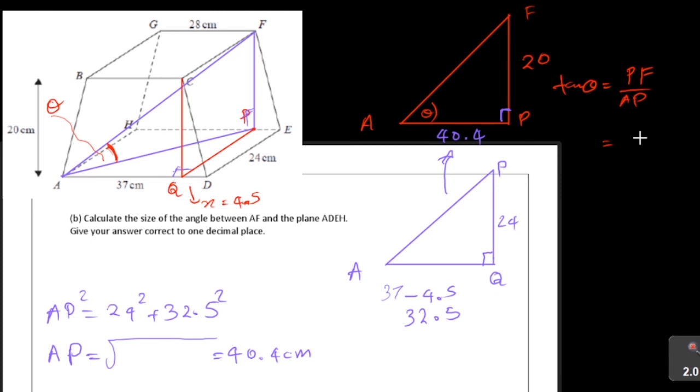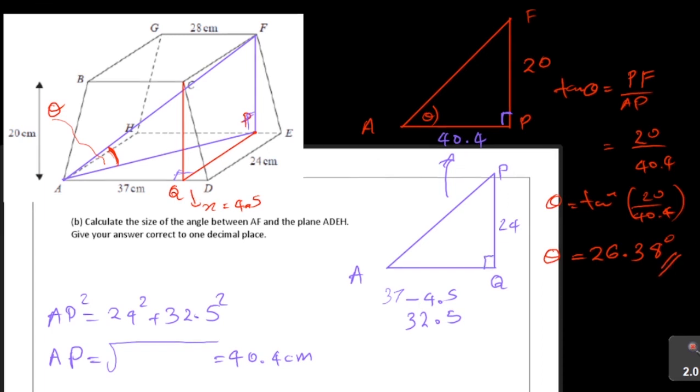So it's going to be 20 divided by 40.4. So theta equals tan inverse of 20 divided by 40.4, which is 26.38 degrees. If you can imagine these triangles in this 3D figure, job is done.